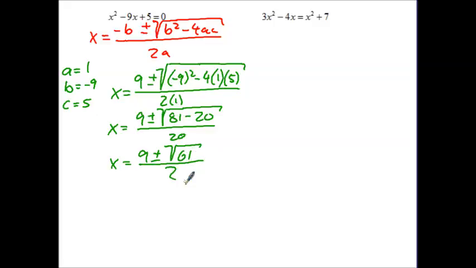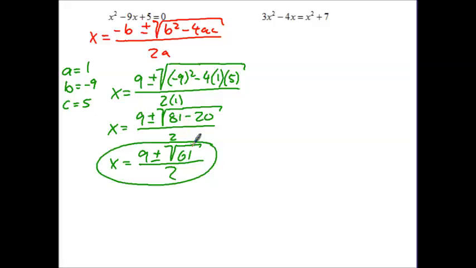And as I see that, I notice that I put a little 0 up here. This, of course, has to go. All right, so we can't simplify the square root of 61 any further. So these are our two solutions. And why do I say two solutions?